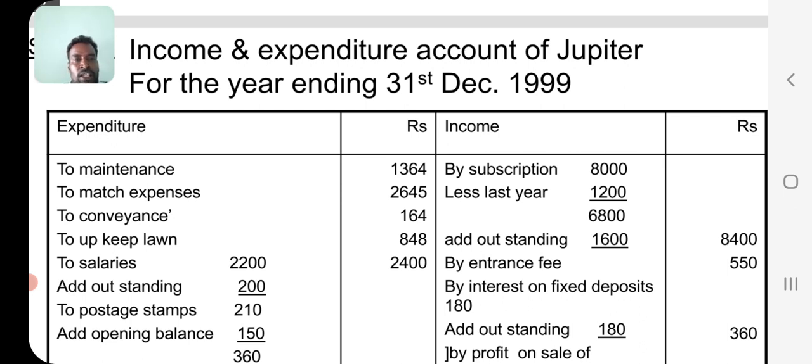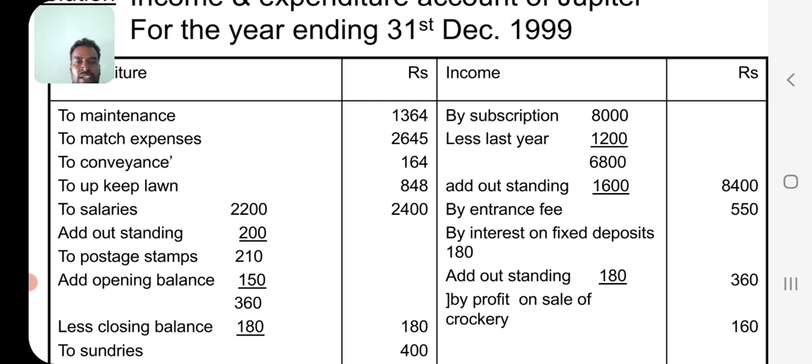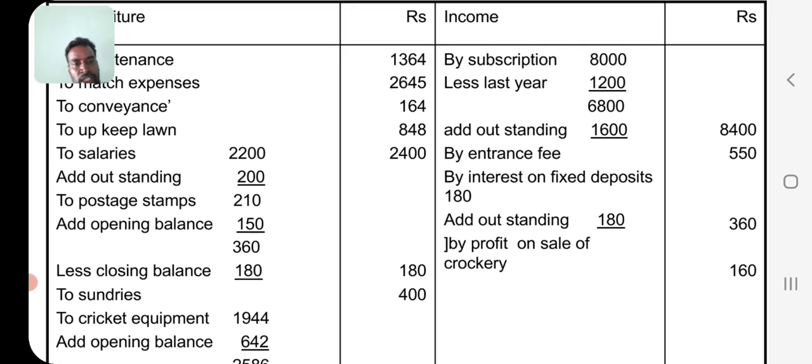These are all revenue items. Revenue expenses should be posted on the expenditure side, and revenue income on the income side, the credit side. To salaries 2200, outstanding 200, 2400. To postage stamps 210, add opening balance 150, and closing balance 180 should be deducted. The net value is 180.